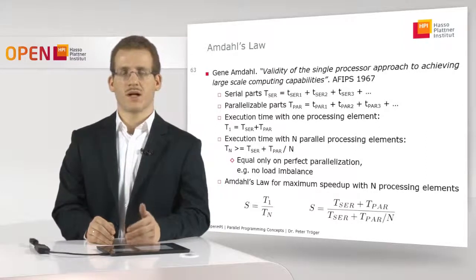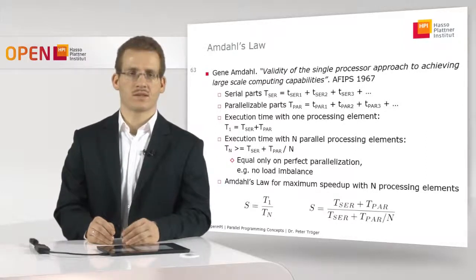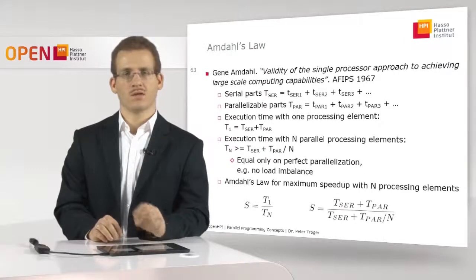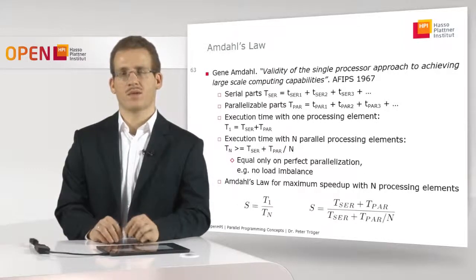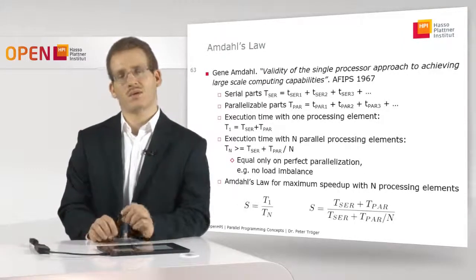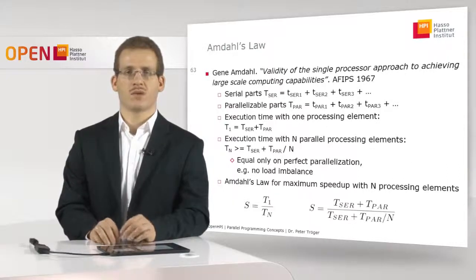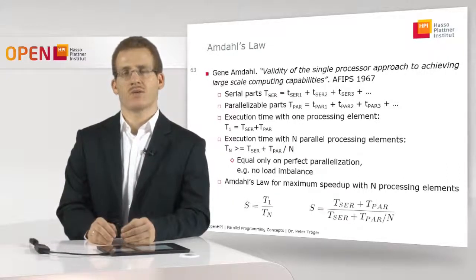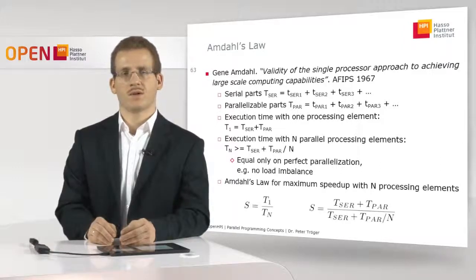And taking this relationship of the different values then ultimately leads to Amdahl's law for the maximum speedup you are able to get with n processing elements. So you take the non-parallel run of your application, you take the parallel run of your application, and you want to figure out how much do I get from investing a number of resources n in order to get some speedup.